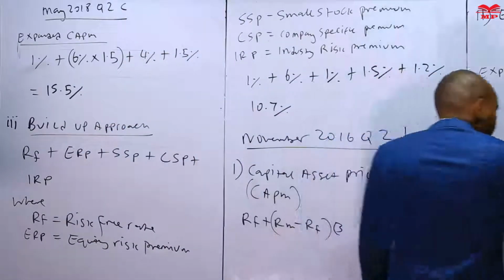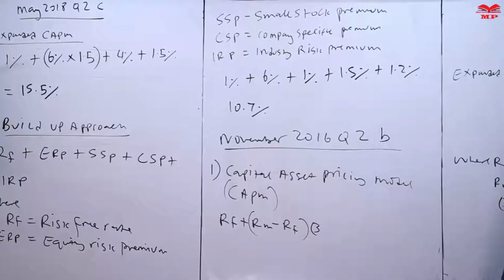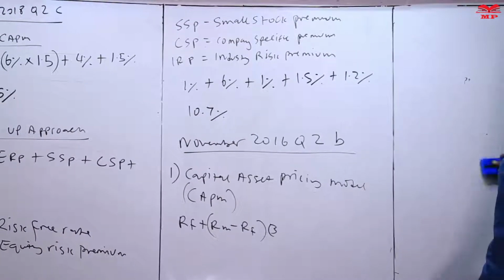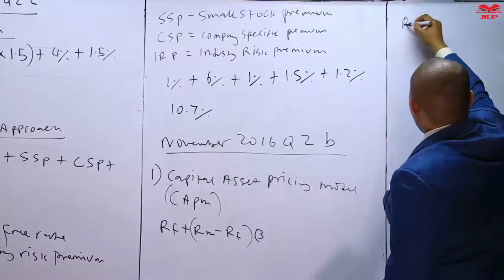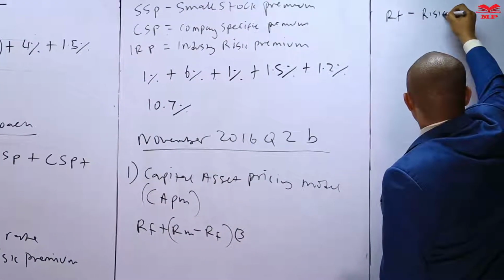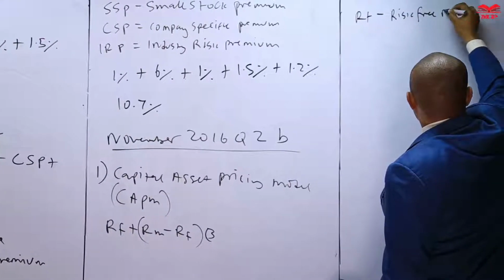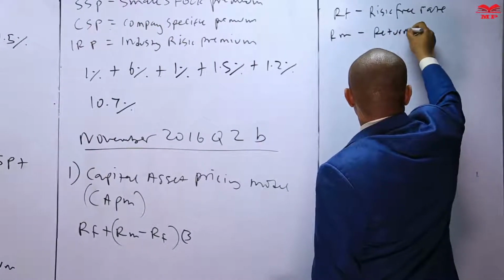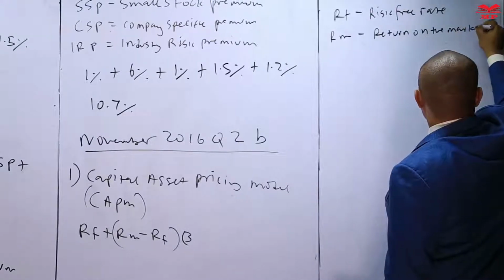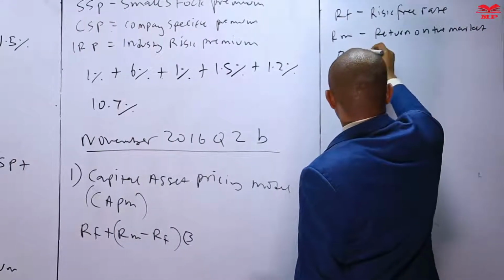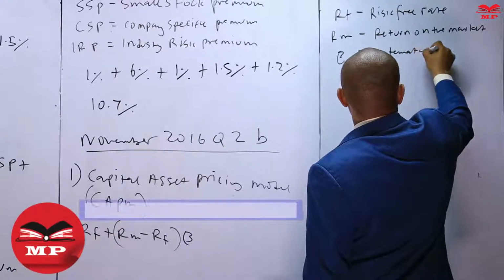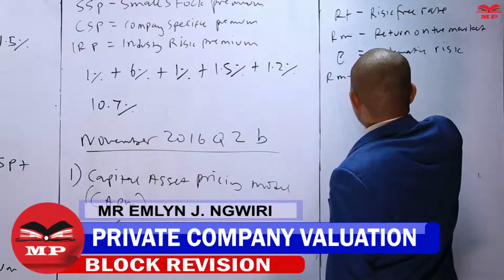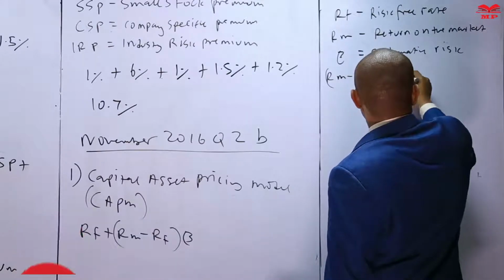Where RF is the risk-free rate input, RM is the return on the market, beta is the systematic risk. RM minus RF is the equity risk premium.